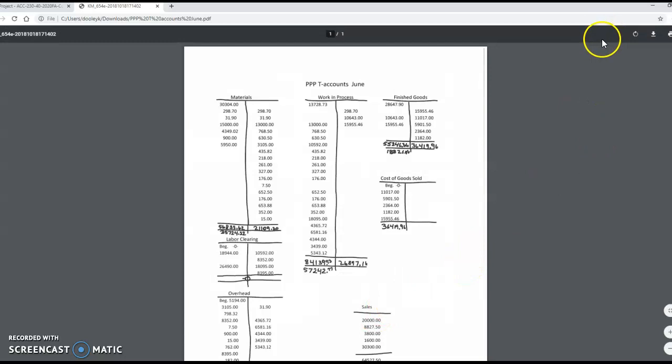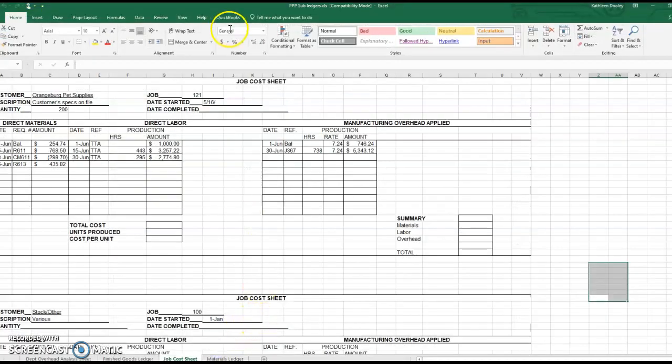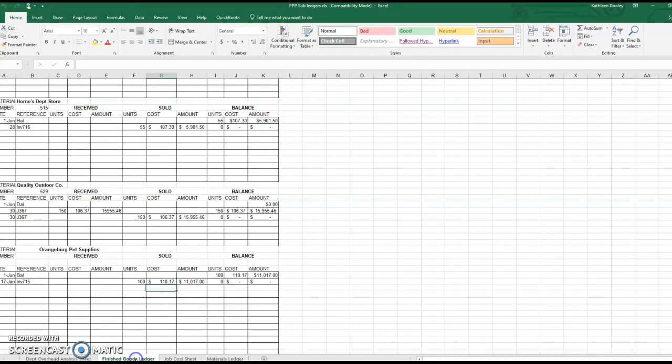Okay, so let's take a look at the subsidiary ledgers. This is our job cost sheet. We need our finished goods ledger. Here it is. Okay, and here's that job right here. This is for Orangeburg Pet Supplies, the customer. The finished goods ledger has a date, a reference number. Then there's this received section.